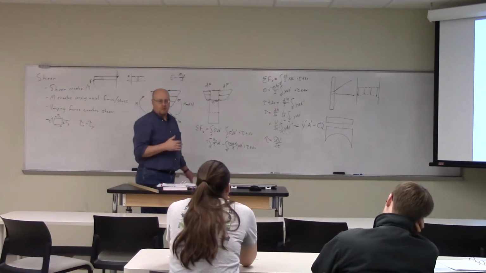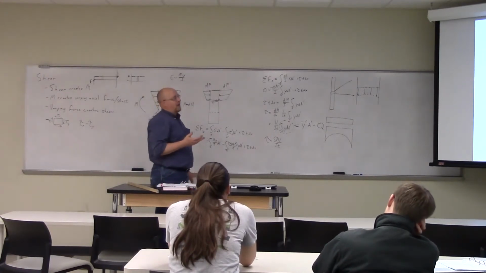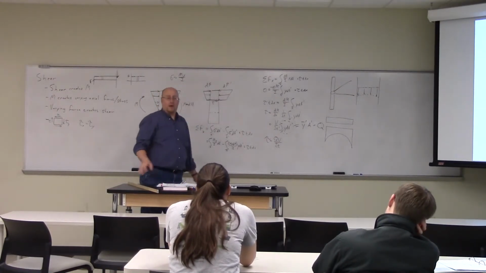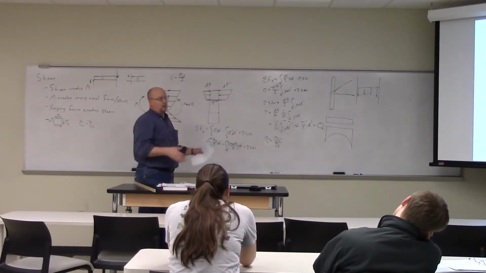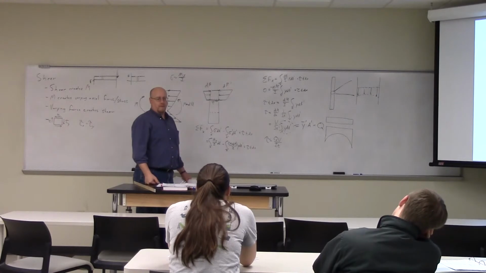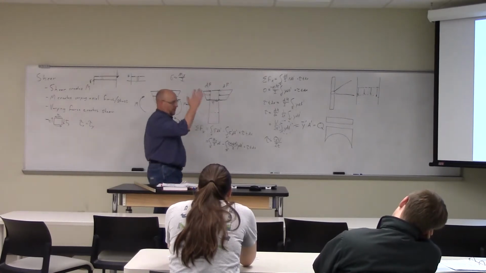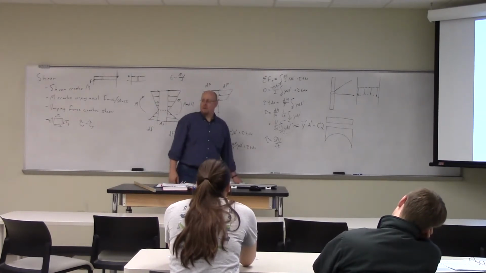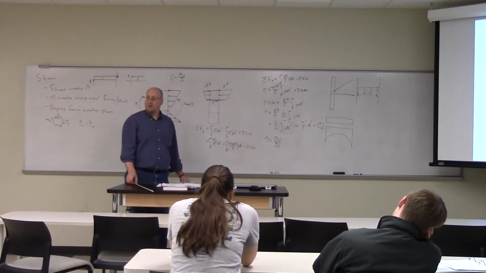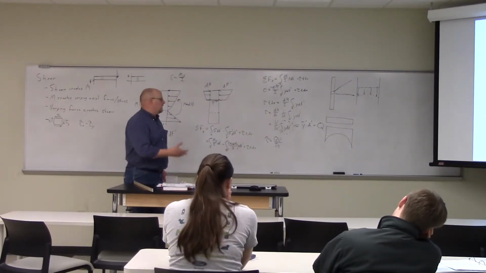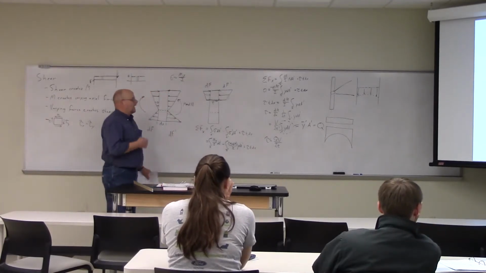So this analysis doesn't work at the edge of that picture, yeah, because the direction of the shear stress can't be perpendicular to the plane. But it does work if you take a section out of the middle, on the neutral axis, which is what we're doing here.